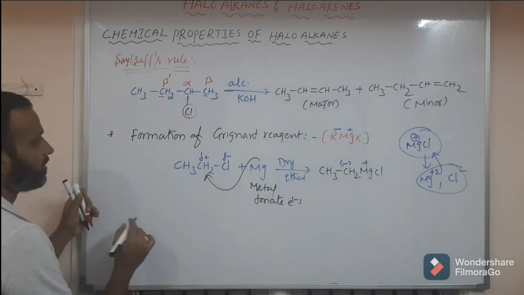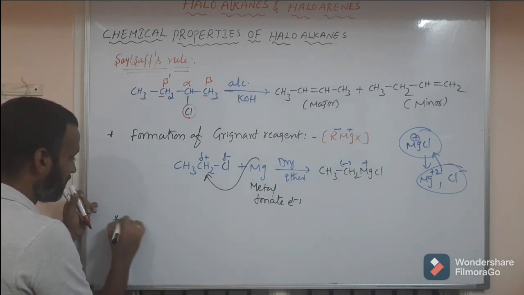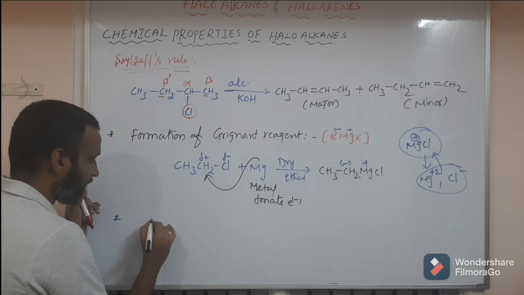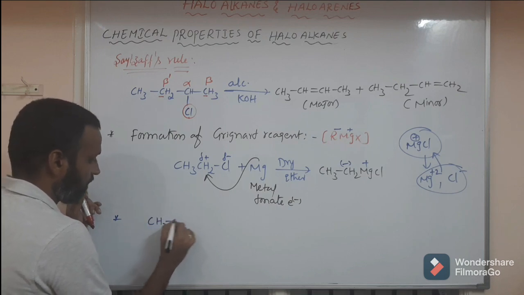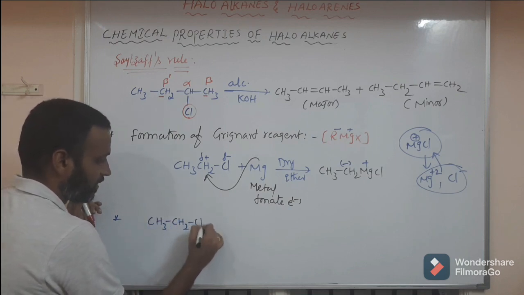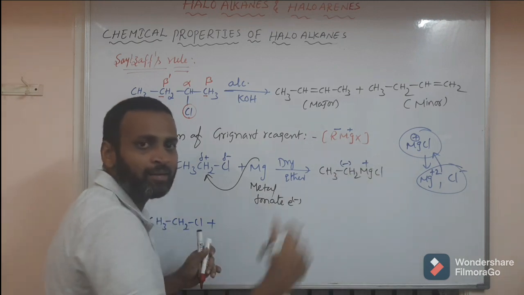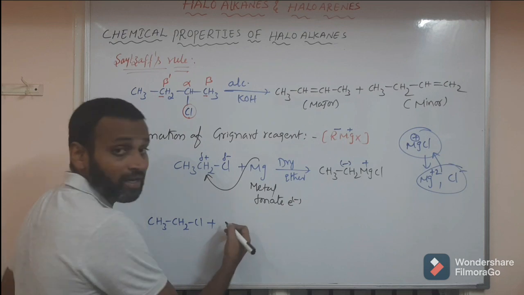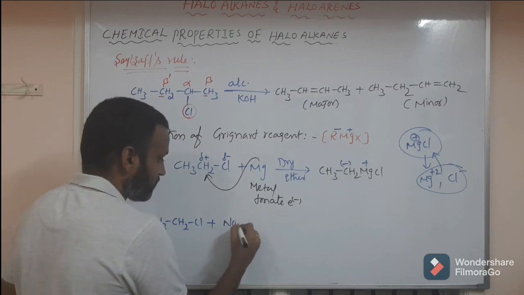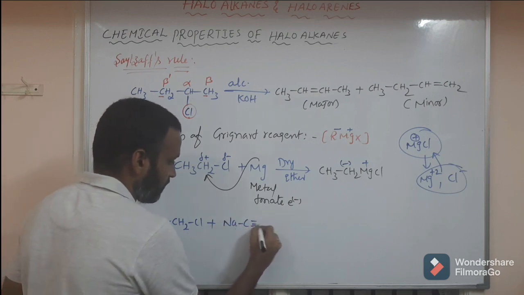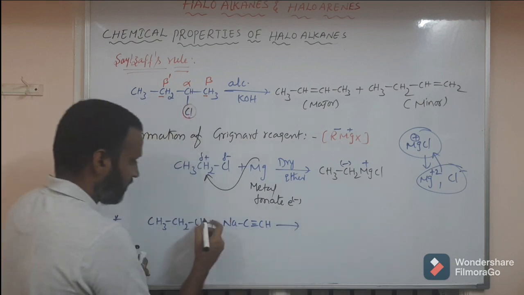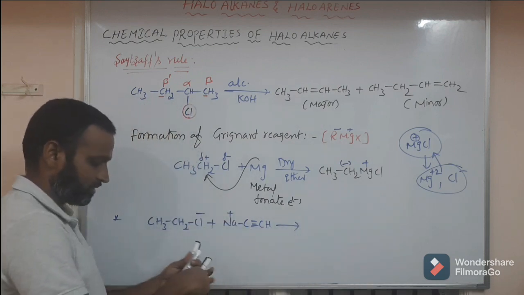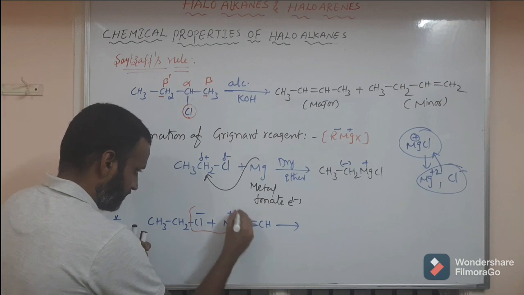This is the formation of Grignard reagent. Next, this alkyl halide CH3CH2Cl is used to increase the number of carbons in alkynes and alkenes also. When you are taking sodium acetylide like NaC triple bond CH, then this Na plus and Cl minus will be removed as NaCl.